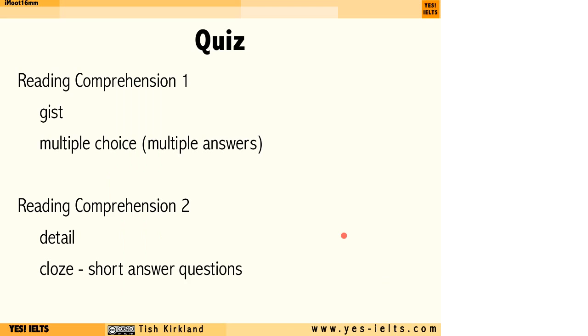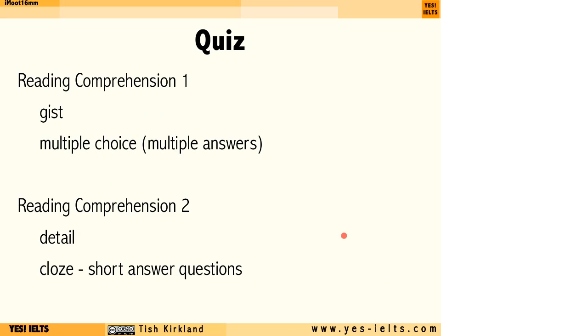So we had two reading comprehension activities. Often in English language teaching, when you give a student a reading task, the first task is for them to read it very quickly to get some overall idea about the reading text.